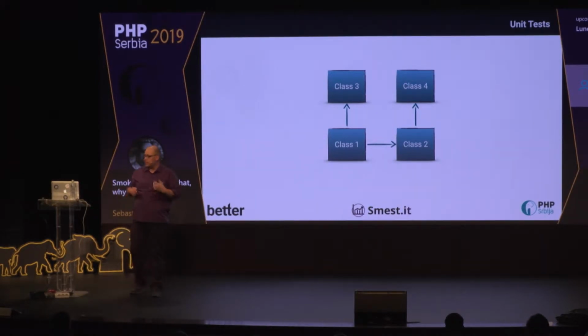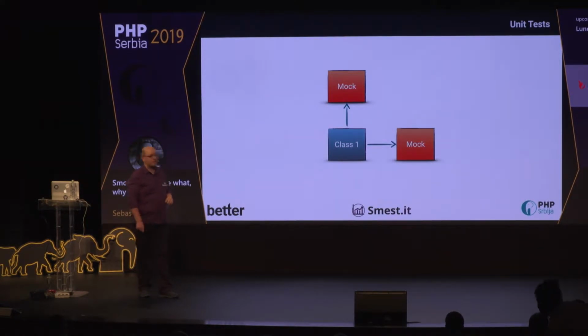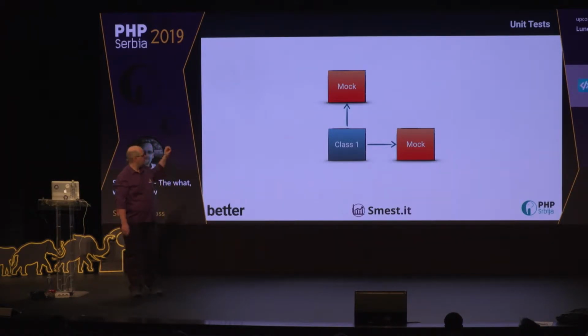And therefore, in a unit test, you have the benefit of saying, okay, everything which my class 1 depends on, I mock. This is the direct dependencies, but the fourth class is automatically mocked with it. So a unit test should simply test just the behavior of one class, so of one unit itself.